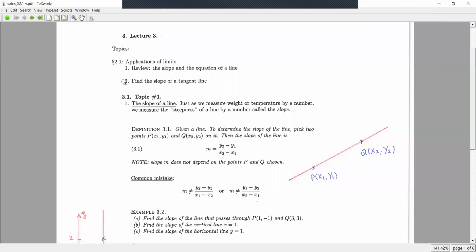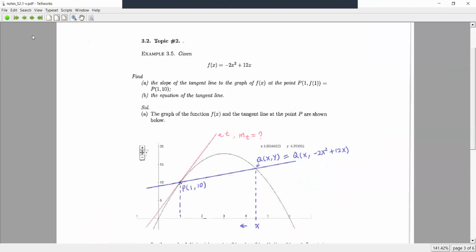The second topic today, find the slope of a tangent line. About this topic, I want to show you 2 examples. Example 1. Consider this function. This function is a polynomial of degree 2. The graph of a polynomial of degree 2 is a parabola.